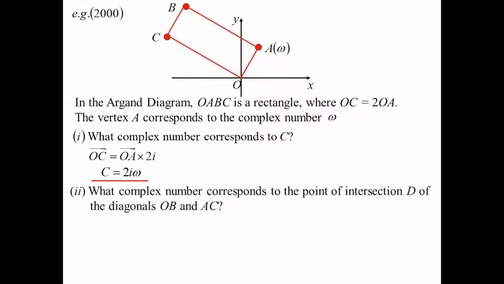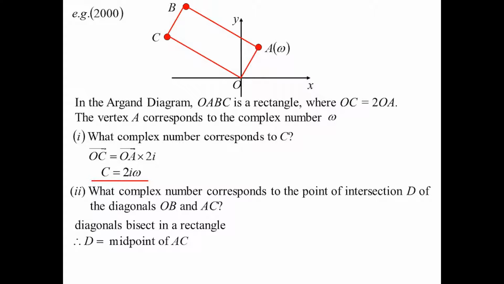What complex number corresponds to the point of intersection D, which is the diagonals OB and AC, where they meet? We know the diagonals in a rectangle will bisect each other. Okay. So therefore D is the midpoint of AC. It's also the midpoint of OB. But I'm not going to use OB because I don't know what B is at this stage.